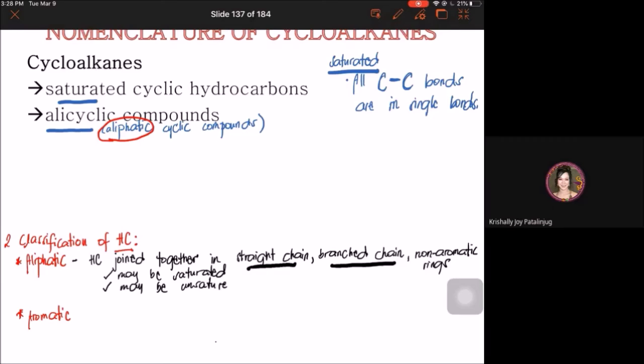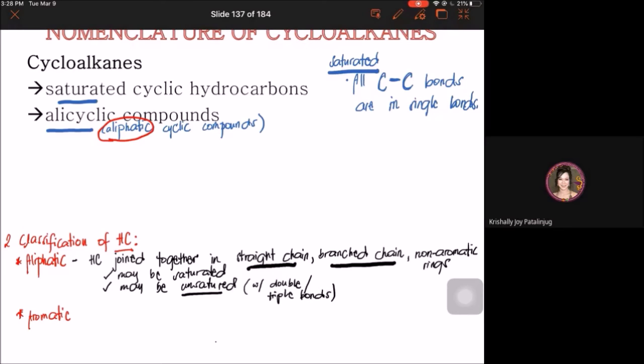unsaturated. So, ano yung antonym ng saturated, which is single bonds puros? This time, kapag unsaturated, meron ng multiple bonds, either double bonds or triple bonds.